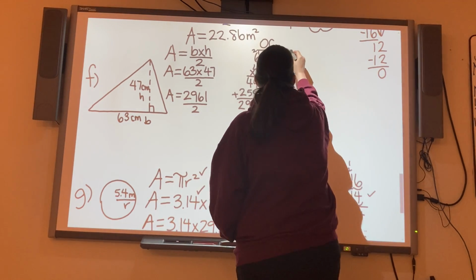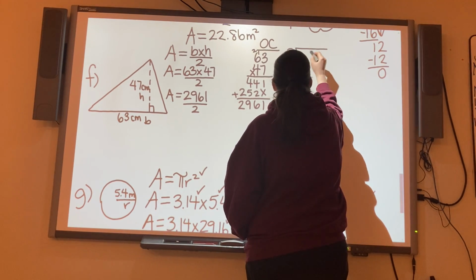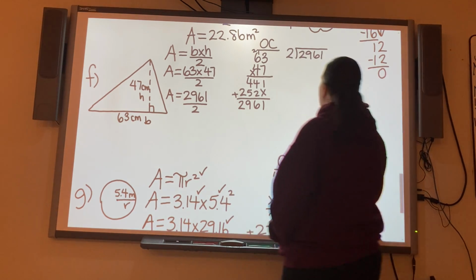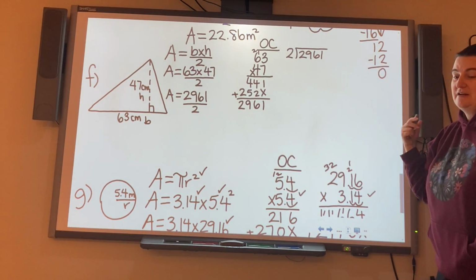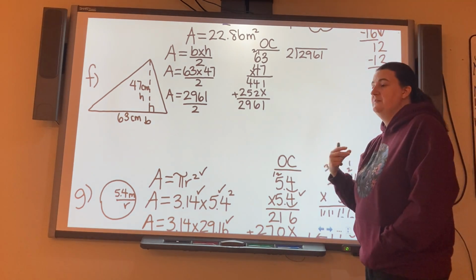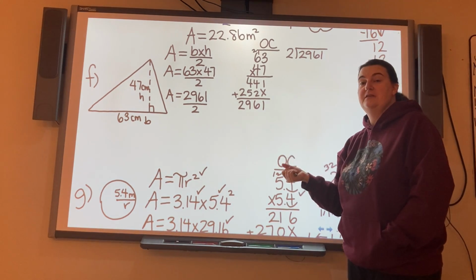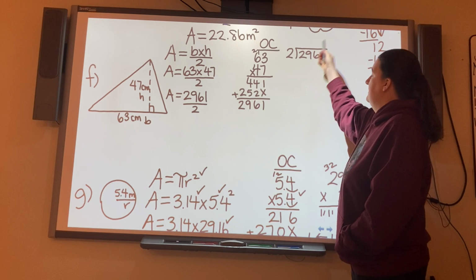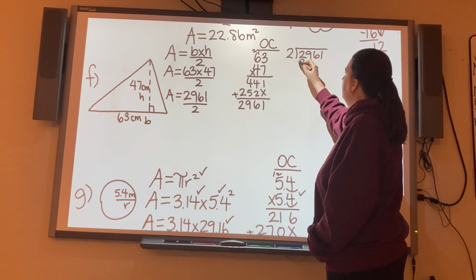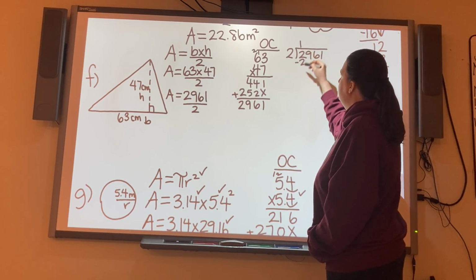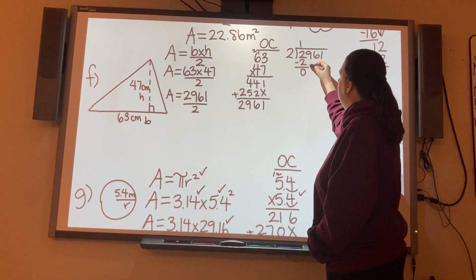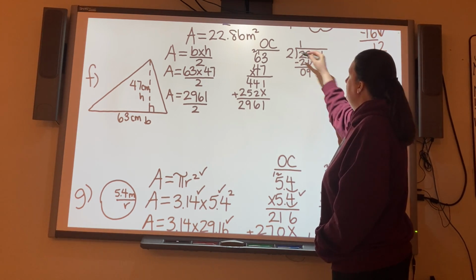So we'll do that over here. 2 into 2,961. Again, you're going to use your chart. If you don't know your multiplications off the top of your head, use your multiplication chart. 2 goes into 2, closest thing, with 1 as your answer. 2 goes into 9.